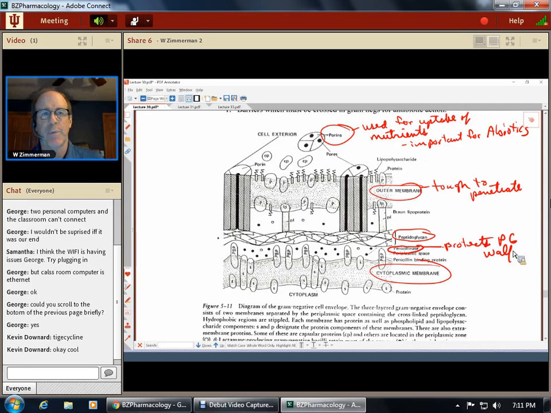Just because you get an antibiotic into this intermembrane space, it may get chewed up by the penicillinase. So looking at this, you can start to say, this is why gram-negatives can be so tough. The outer membrane is hard to get through, and if you get through, you might just get chewed up by the penicillinase.